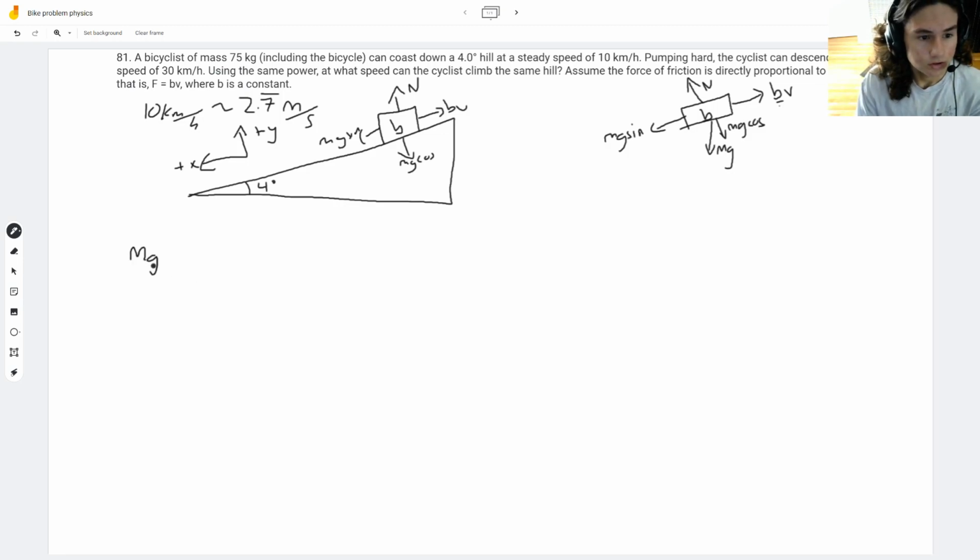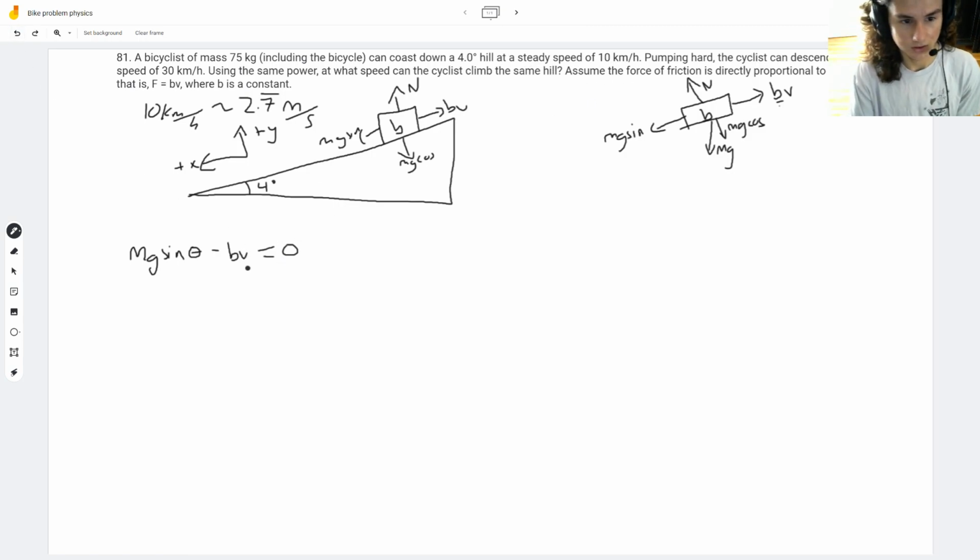So mg sine theta minus bv equals 0. I'm not going to set up the other axis because it doesn't really matter, we're only concerned about how we're moving down this hill. This is 0 because we're going at a steady speed, so the acceleration is nothing.